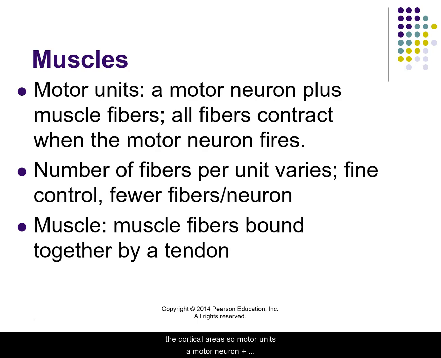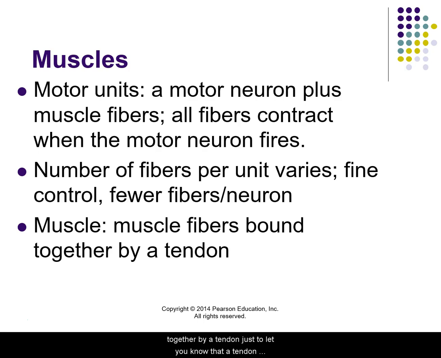So motor units. A motor neuron plus muscle fibers consists of a motor unit. All fibers contract when the motor neuron fires. Number of fibers per unit varies. For fine control, you're going to have fewer fibers per neuron. Muscle fibers are bound together by a tendon.